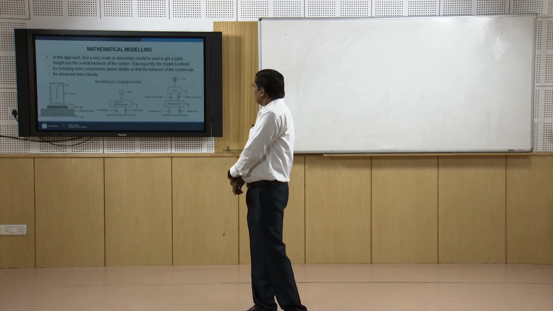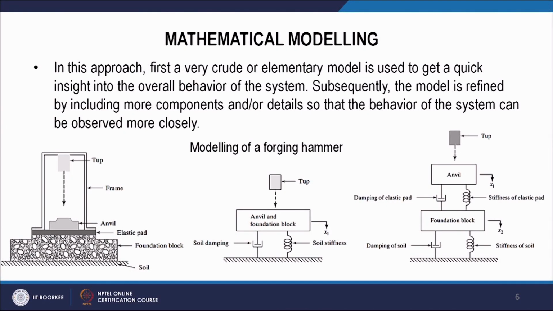For example, here we can see that we have one forging hammer. So, this is the hammer that is falling on an anvil. The anvil is a steel block on which the metal is kept and the hammer is coming from the top to shape it.